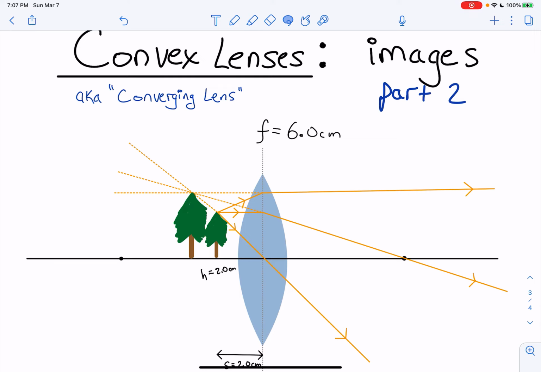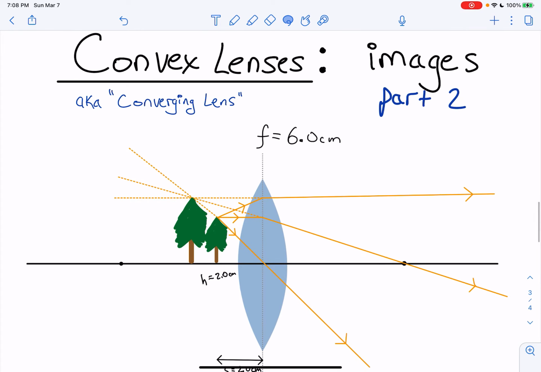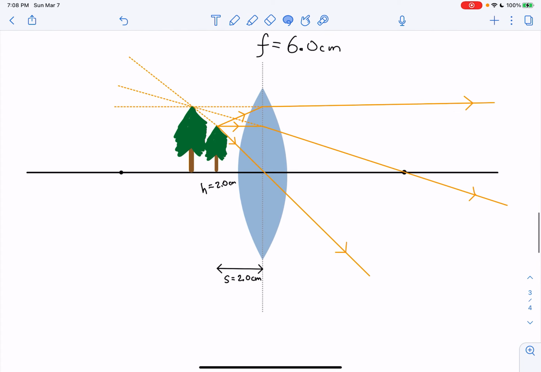Let's now confirm what we could do by measuring. So let's just say these values here. We've got a distance to our image, S prime, and we're also going to have an H prime.